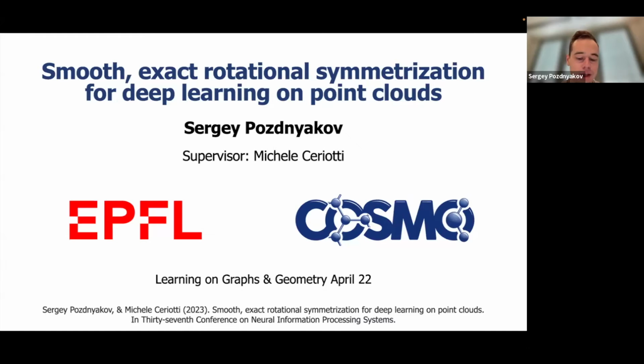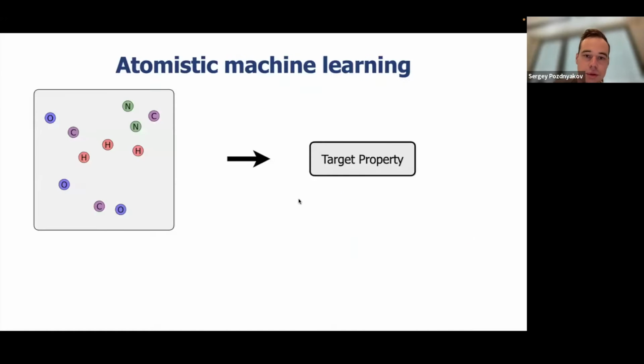So today I will present you the paper called Smooth Exact Rotational Symmetrization for Deep Learning on Point Clouds. And I would like to start with the very basics. Namely, I would like to start with the definition of atomistic machine learning and with the structure of an input object.